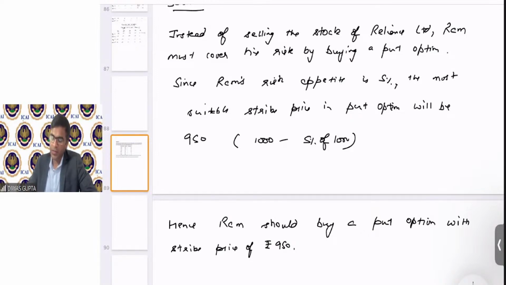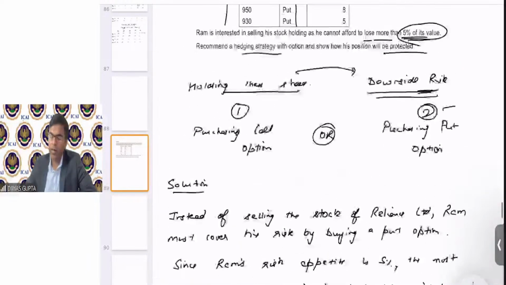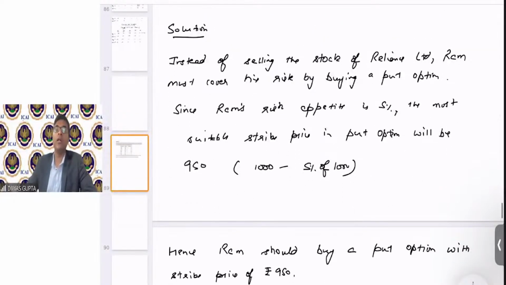Yes, Shruti and Tanisha, perfect. So Ram can buy 950, and accordingly he can protect himself from any downward prices. Simple.